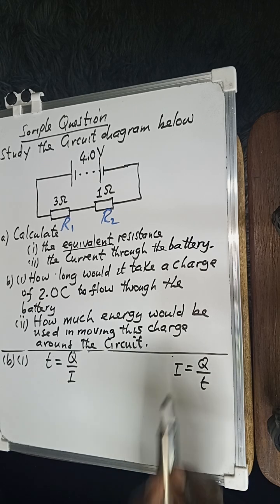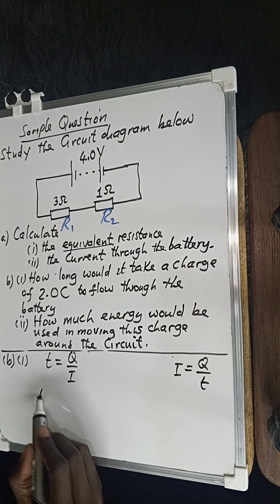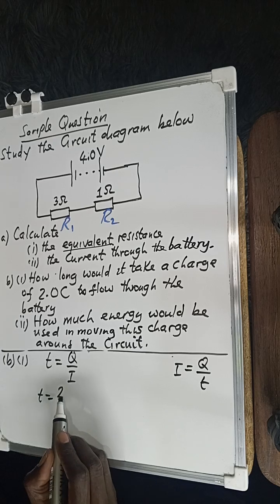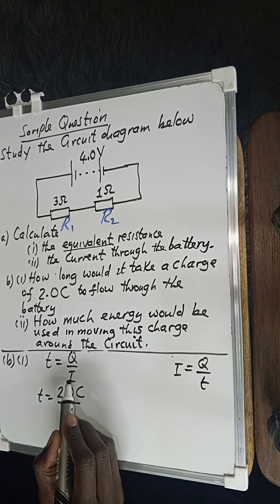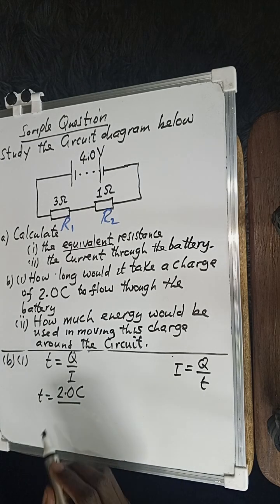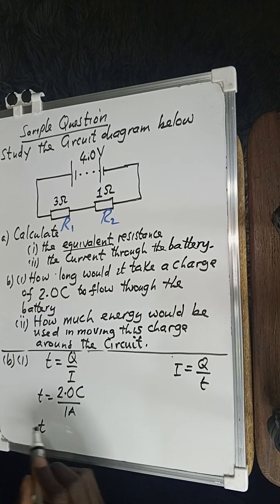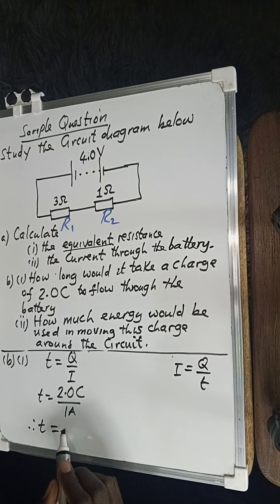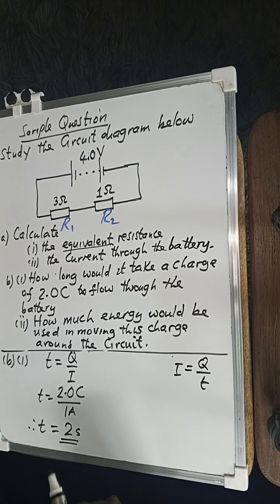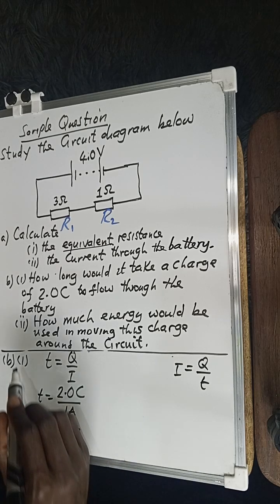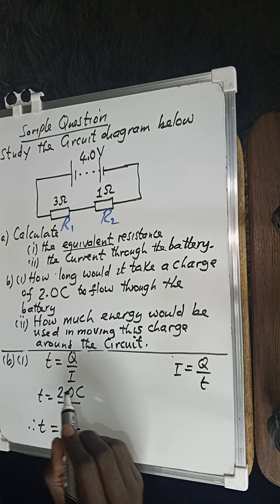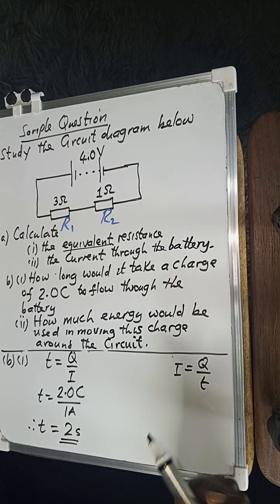You just exchange them there. They have given us the charge, it is 2.0 coulombs. Do we know the current? In the previous question, we calculated the current was 1 amp. Therefore, the time is simply going to be 2 seconds. So it would only take 2 seconds for this charge to flow in the circuit.